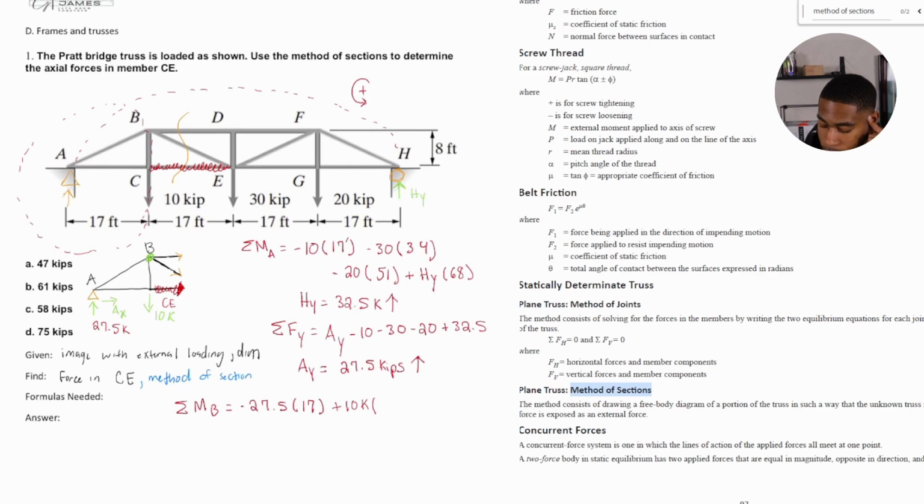But what's my distance? What's my perpendicular distance? My perpendicular distance is 0. So that's going to cancel out anyways. Okay. And you could say the same thing for BD. Just say plus BD, the force of BD.